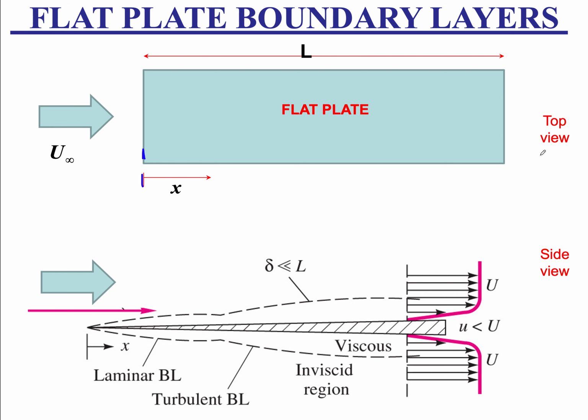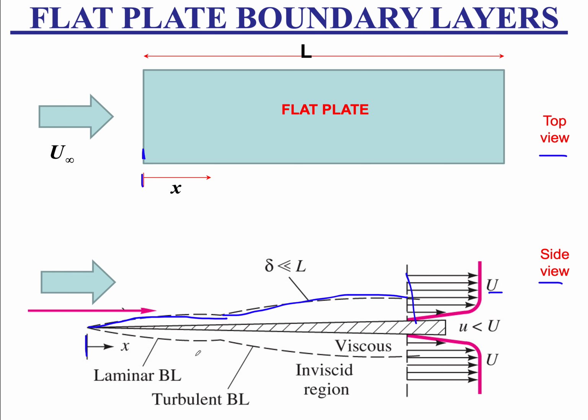If I look at a side view of this plate, I'm only going to see the length L of the plate and the thickness of the plate. I still use the same coordinate system x, and I will notice that there is a growth of boundary layer, just like we have seen before, and that boundary layer has a variation of velocity as we see over here.